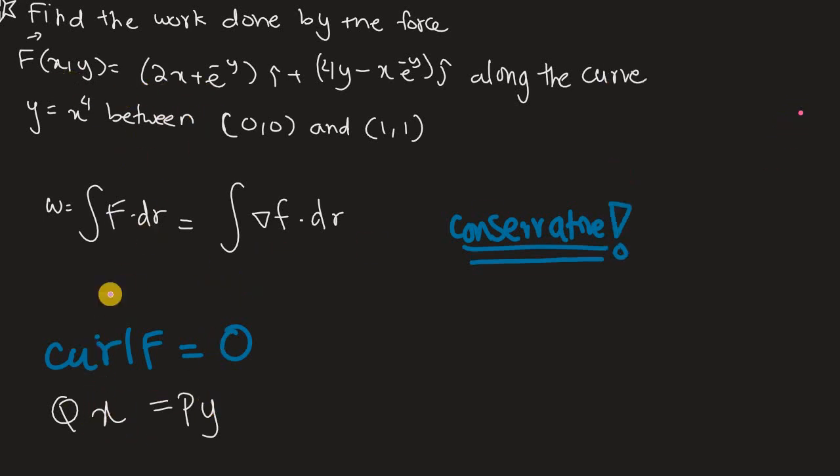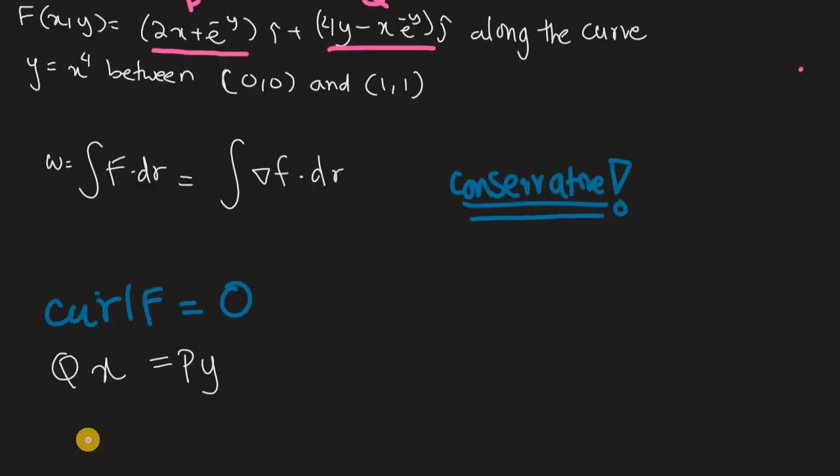When you're finding the curl, you're assuming the first variable, the i hat, the x component, as P, and the y component as Q. And if you have the z component, you treat it as R. Here we only have P and Q. And here Q sub x means you're differentiating this with respect to x.